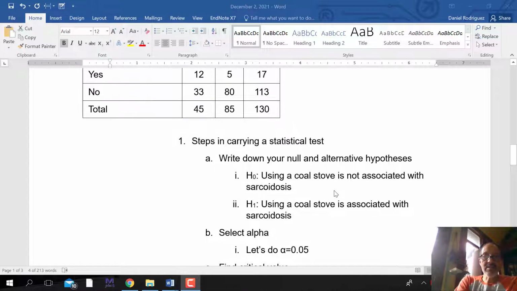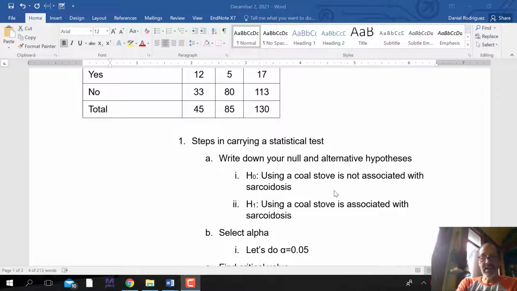In carrying out any statistical test, we first start by writing out our hypotheses. We have a null and an alternative hypothesis. The null hypothesis is the one we'd like to reject in favor of the alternative hypothesis. And we write out this null as using a coal stove is not associated with sarcoidosis. And the alternative is the one that's labeled H sub 1.